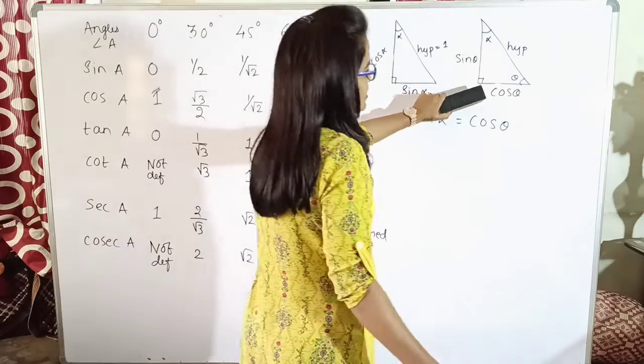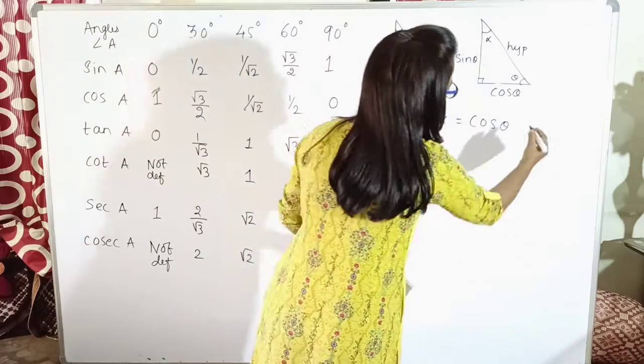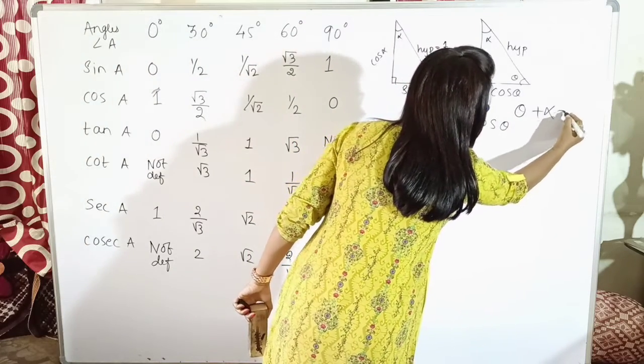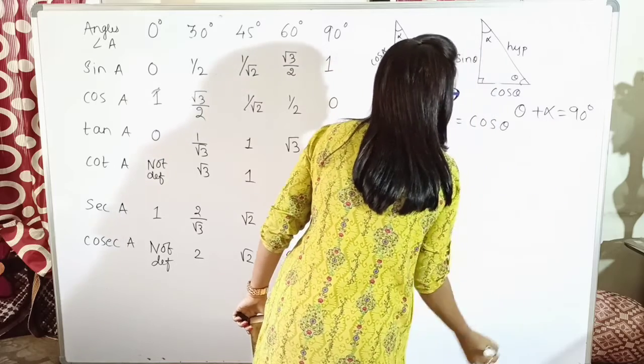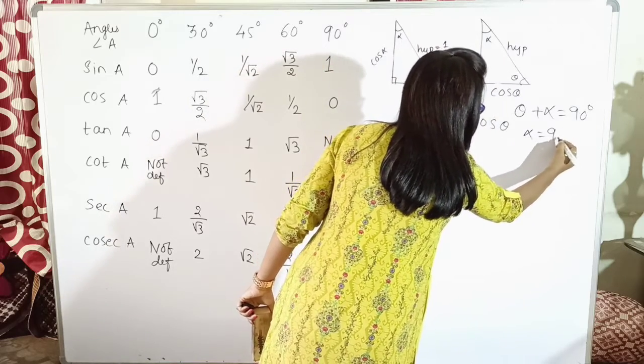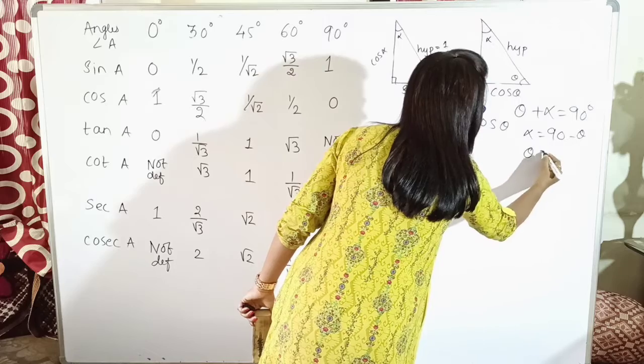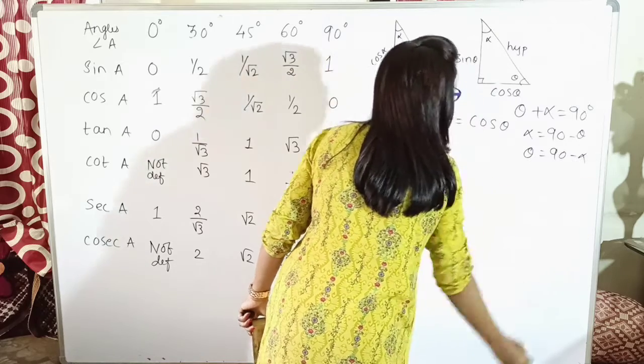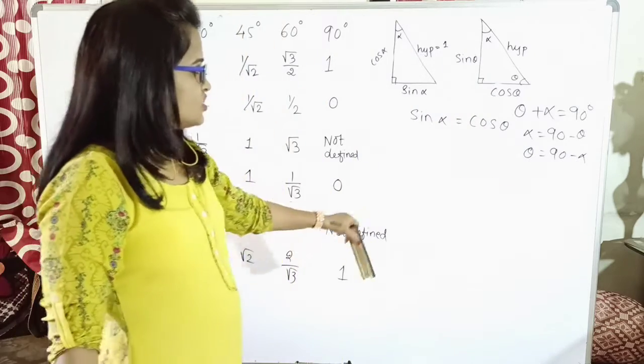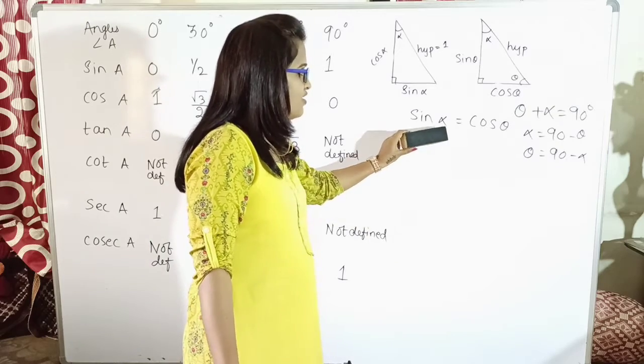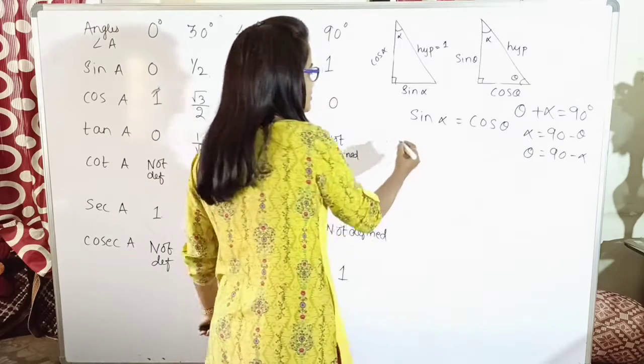If this angle is 90 degrees, what is the relation between theta and alpha? Theta plus alpha is equal to 90 degrees. So can I write alpha is equal to 90 minus theta, or theta is equal to 90 minus alpha? Yes, so now here, instead of alpha, I will write 90 minus theta.